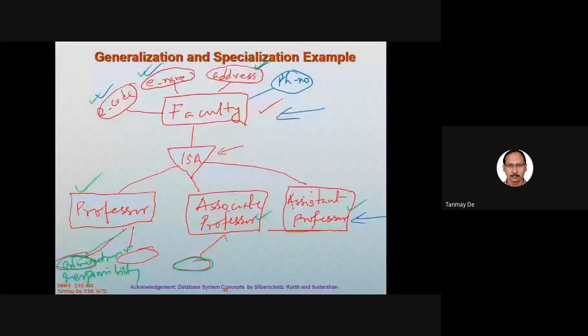These four attributes, employee name, employee code, address, and phone number, are common in professor, associate professor, and assistant professor. Along with these, there may be other descriptive attributes.